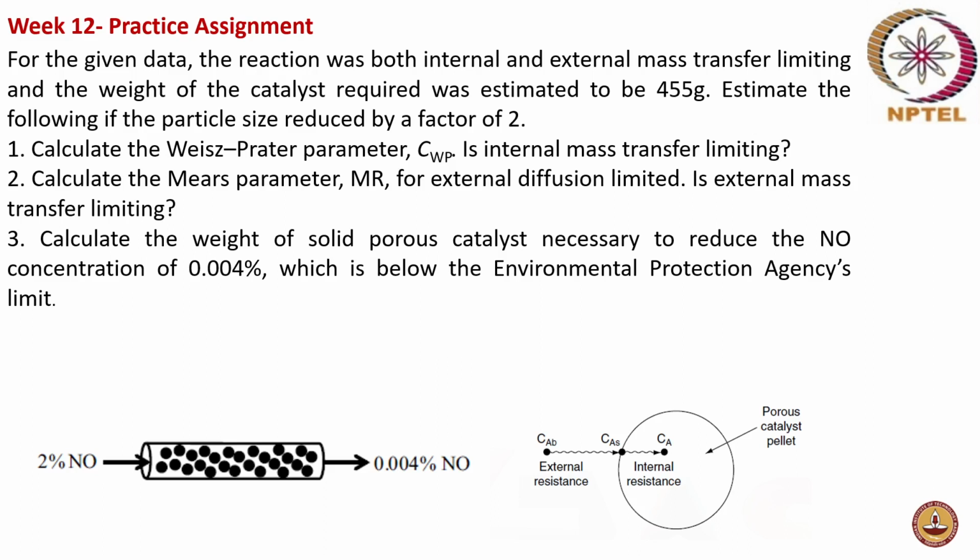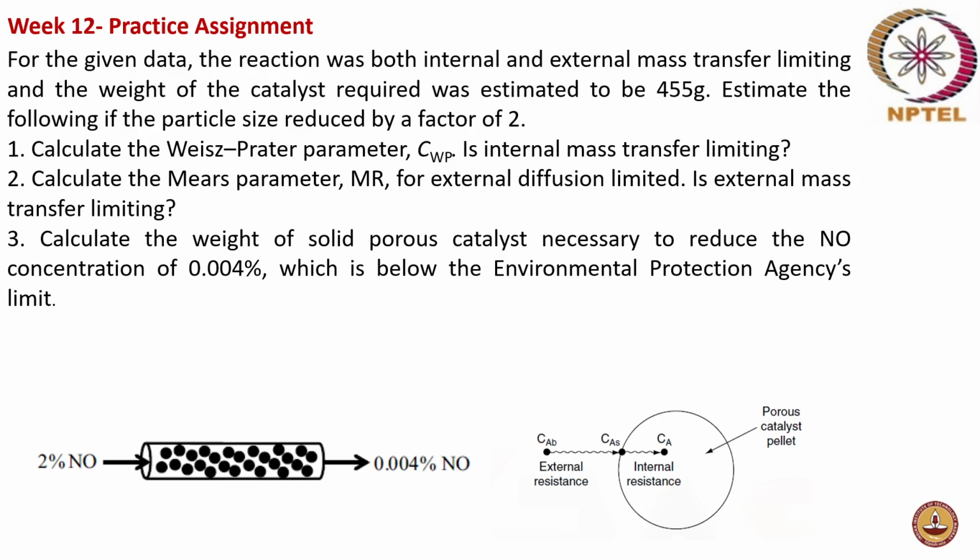And we also have to find out the Mears parameter for external diffusion limitation, and find out if the reaction is external mass transfer limited also. And finally, we have to calculate the weight of the solid porous catalyst necessary to reduce the nitric oxide concentration to 0.004 percent.